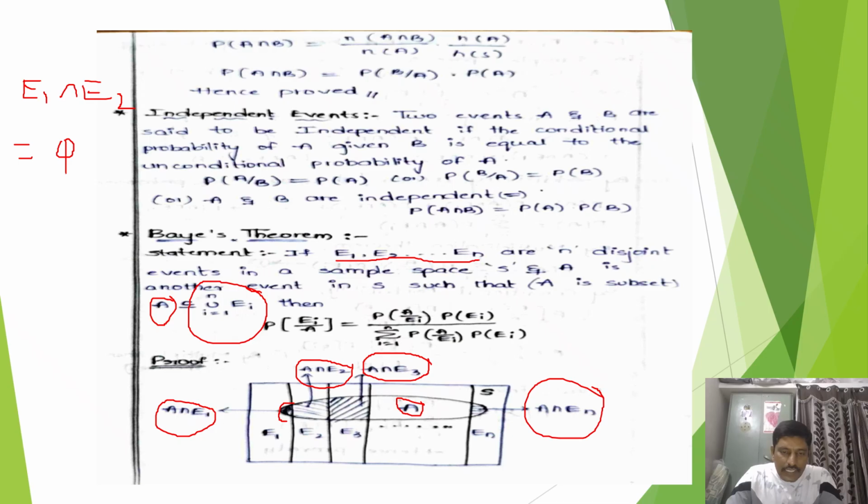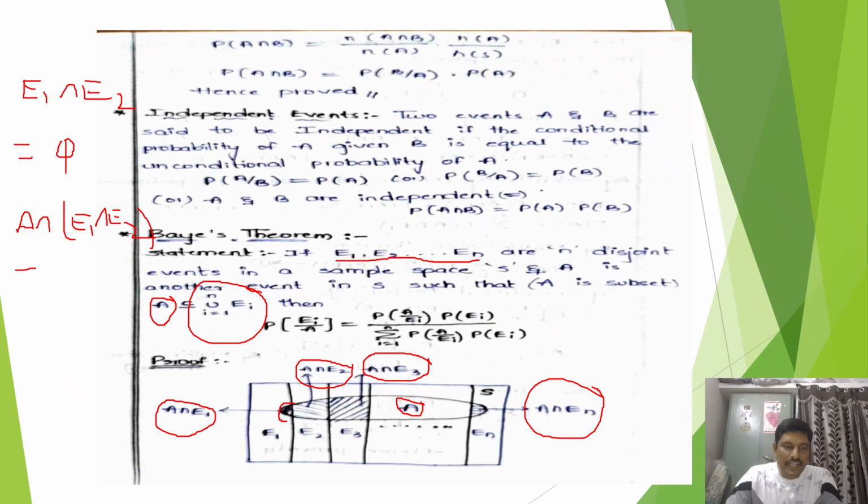Then if A is an event in the total events, and we take A intersection any two events, say for example, I am taking A intersection E1 intersection E2. What will happen?